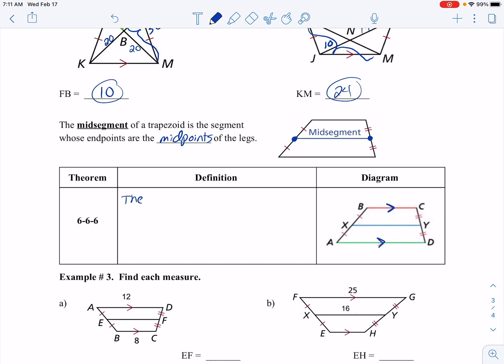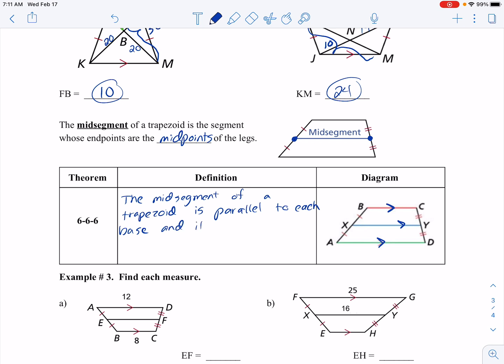And that states that the midsegment of a trapezoid, and this is for any trapezoid, doesn't have to be isosceles, is parallel to each base. You can see that there. You have it marked up, parallel to each base.